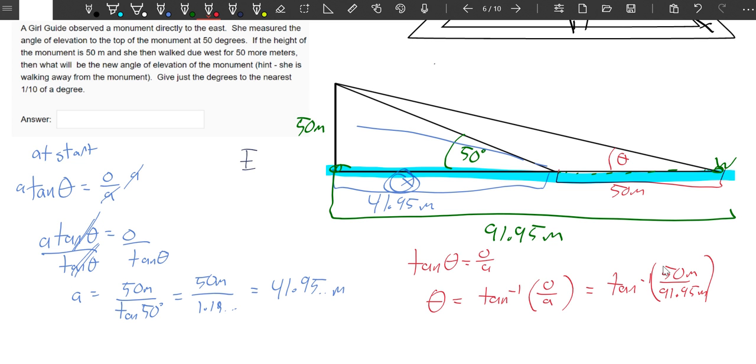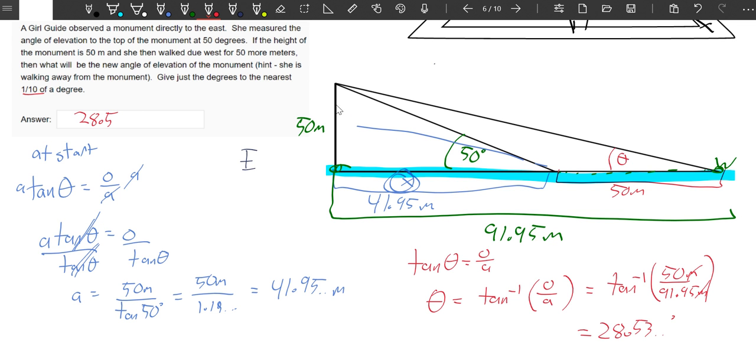So if I take 50 divided by 91.95, and then I take the inverse tan of that, I should get 28.53, etc. degrees. Meters and meters will have cancelled out, and inverse tan puts me back into degree territory there. So 28.53 degrees, and this says to the nearest tenth of a degree, so I would type in there 28.5. I can't type degrees, but if I did, I would.